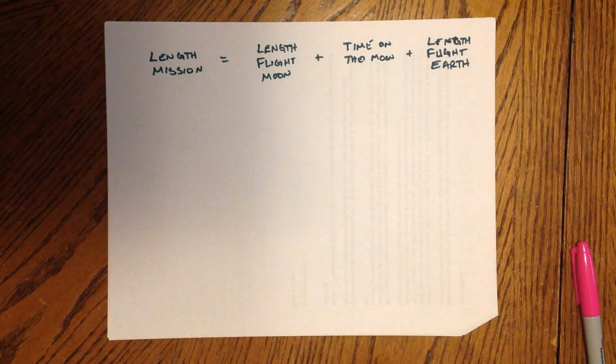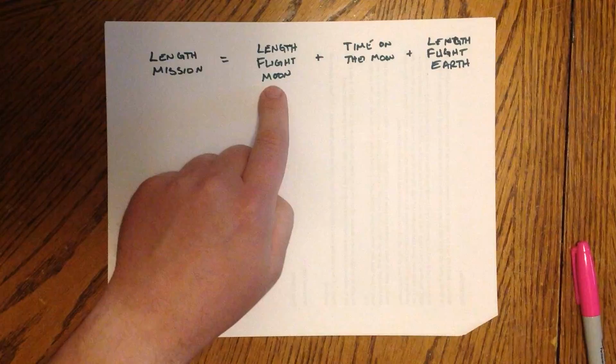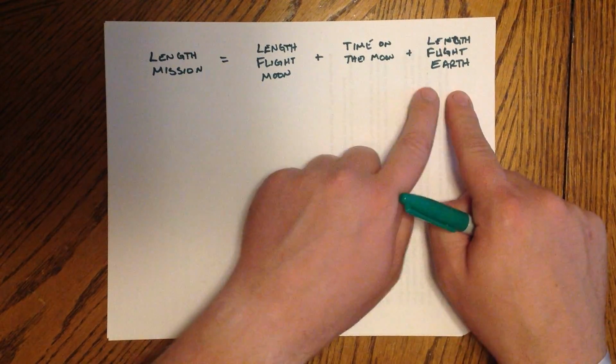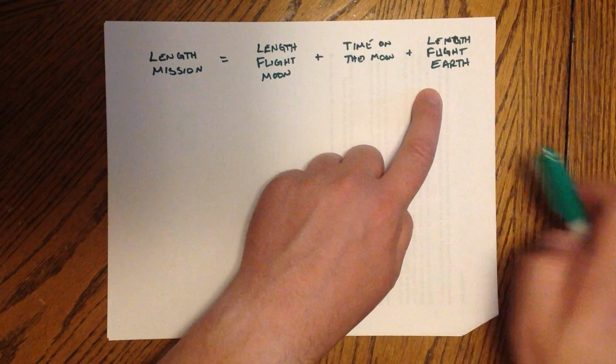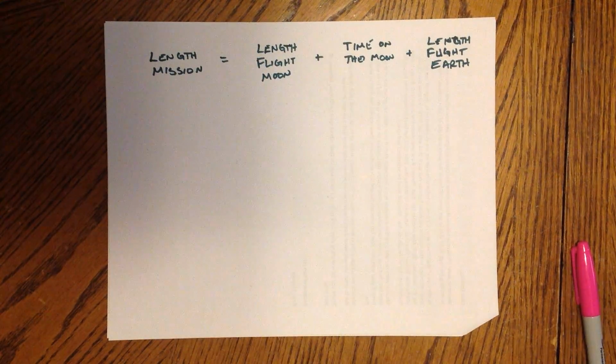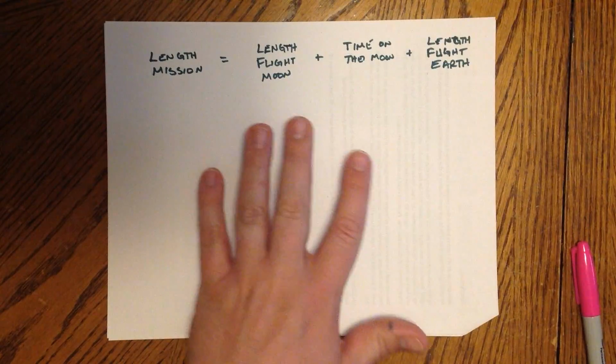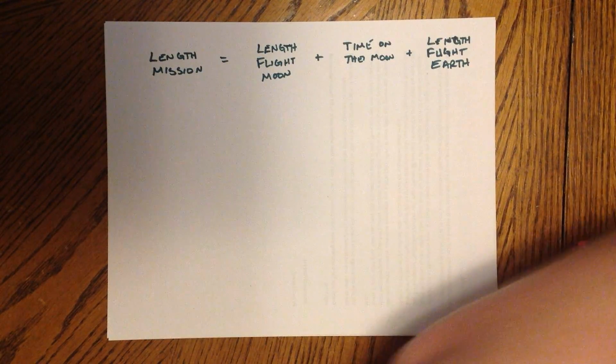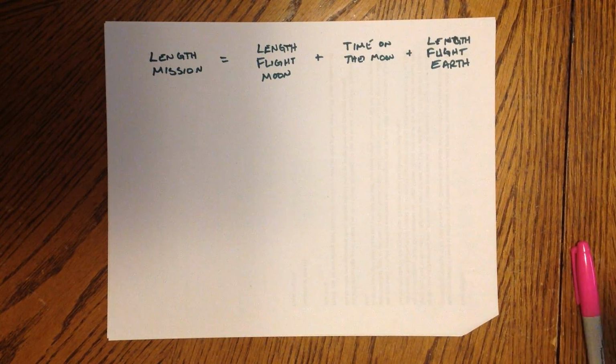So let's take a look at this again. The length of the entire mission is the length of the flight to the moon plus the time on the moon plus the length of the flight back to Earth. And so after I have a verbal model, what I'm going to do is plug in the pieces that I do know, and then solve for the pieces that I don't know. So let's see here.